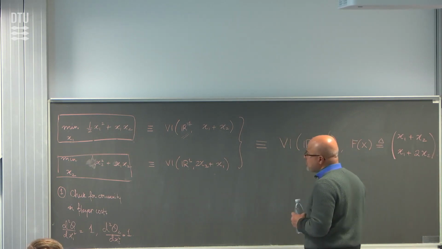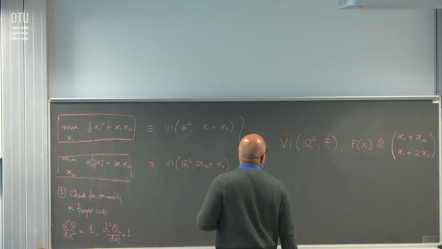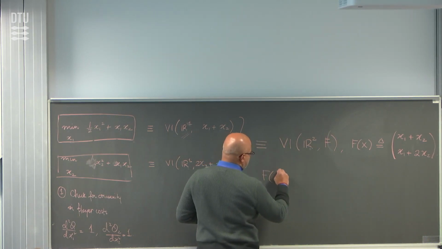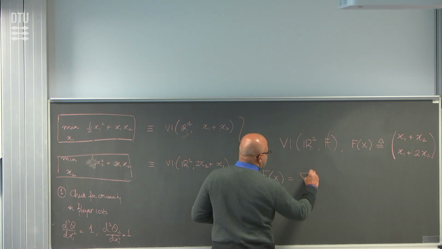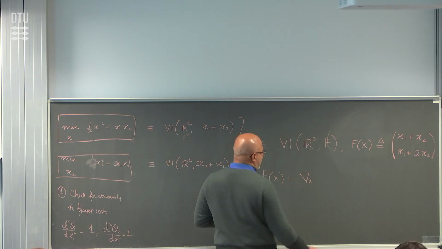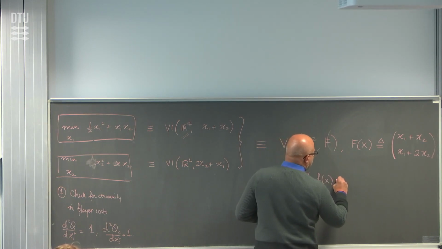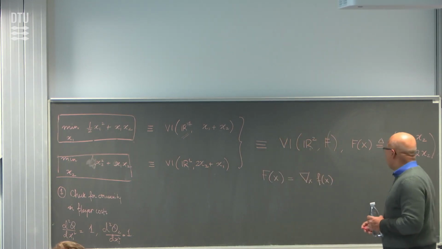Okay, so what you notice from here is F of x can be viewed as the gradient of some other function, little f of x, right? Why is that?